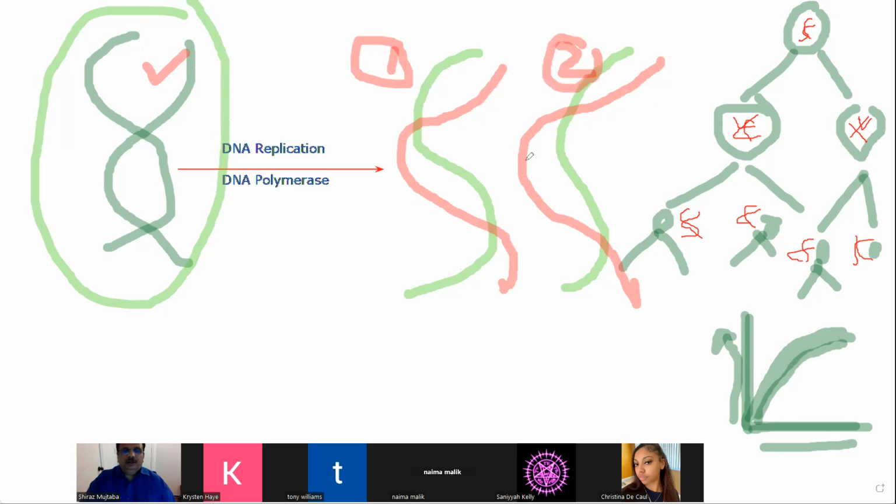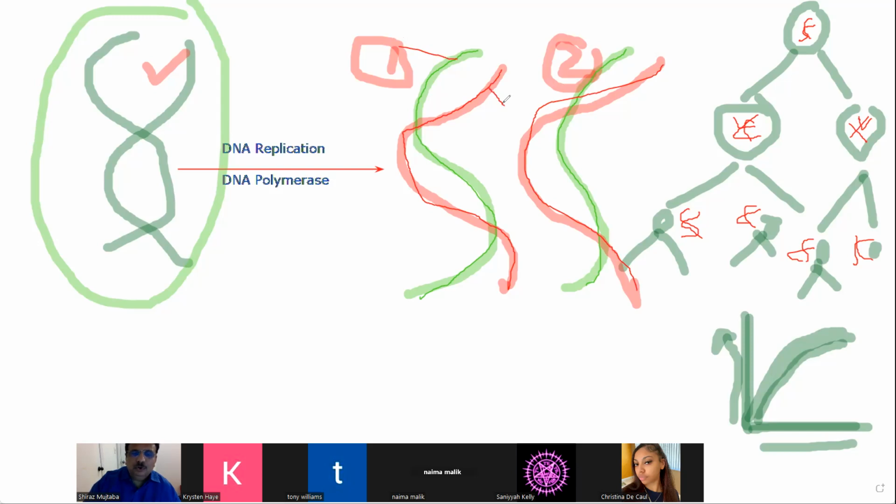For DNA replication to occur, the parent DNA first separates into single strands, and then after separation, this parent strand serves as a template for the synthesis of a new daughter strand. So half the DNA is from the parent and half the DNA is newly synthesized.